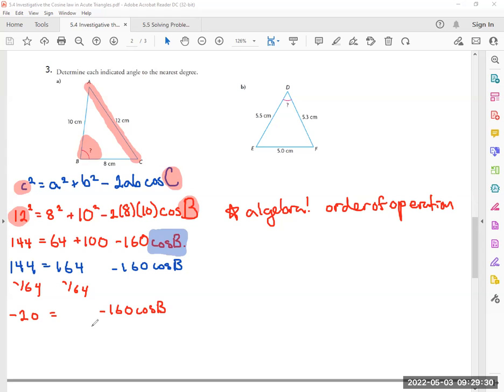So divide both sides by 160. I'm just going to do that right away because I think you can follow along. 20 divided by negative 160. I get positive 0.125 equals just cosine B. I divided both sides by negative 160.